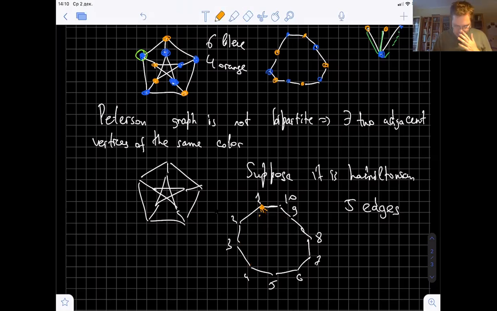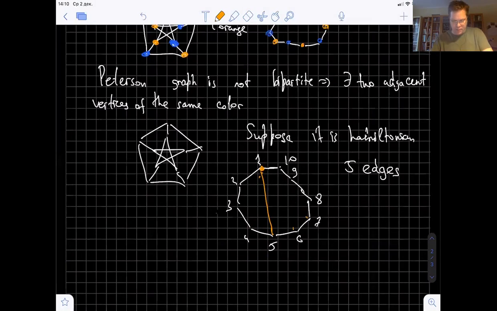So if we want to connect 1 with something, it should be 5, 6, or 7. So for example, 5 and 7 are symmetric to each other, so we can just look at 5 or 7. So we have 2 pictures. We can connect 1 through the 6 or 1 through the 5.